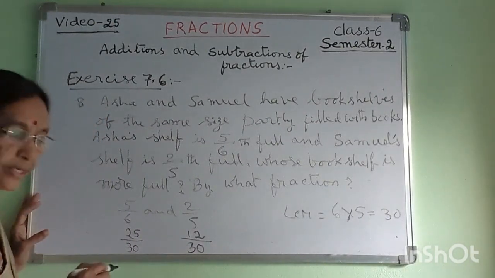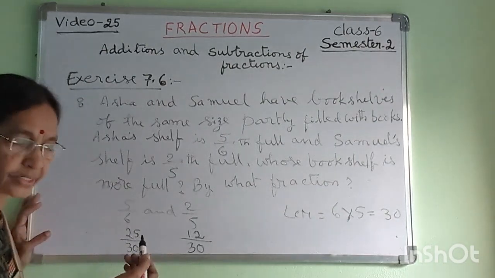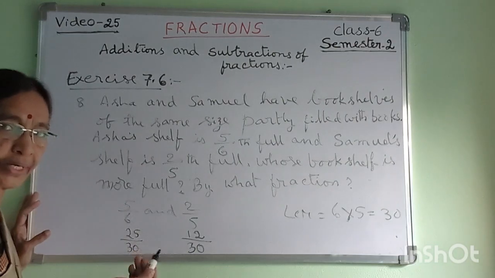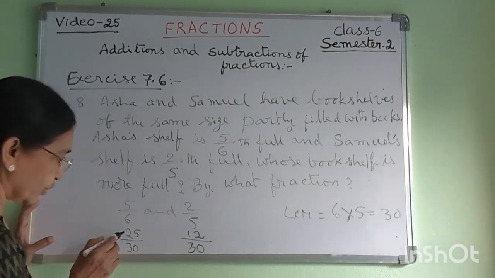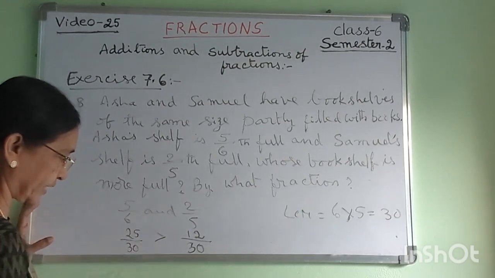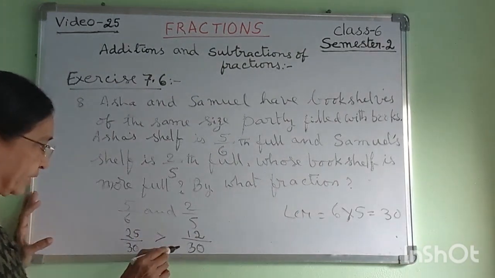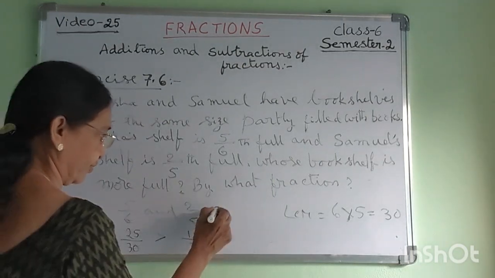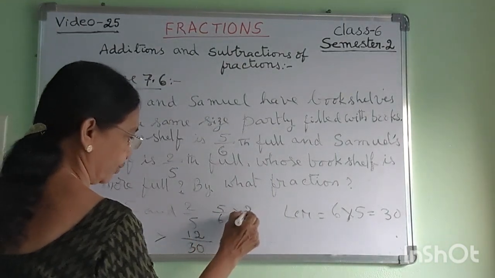So which is greater? These two are like fractions. Therefore, we can easily compare whose numerator is greater. 25 is greater than 12. Therefore, 25 by 30 is greater than 12 by 30. Therefore, 5/6 is greater than 2/5.